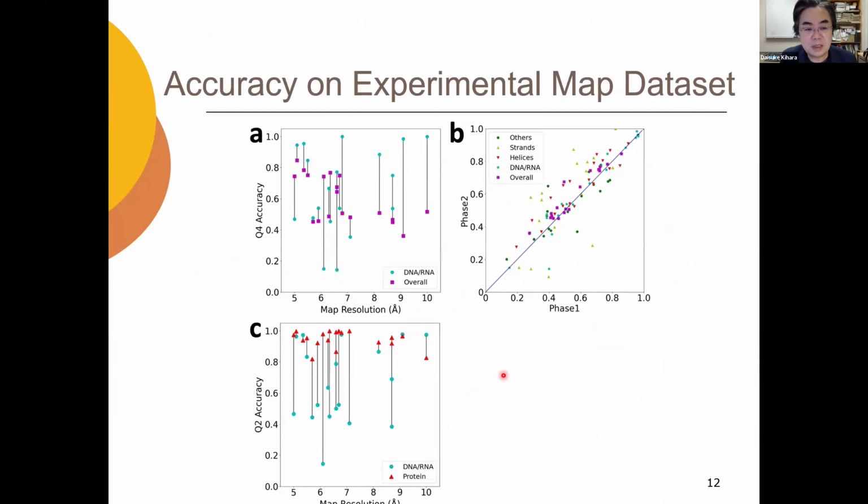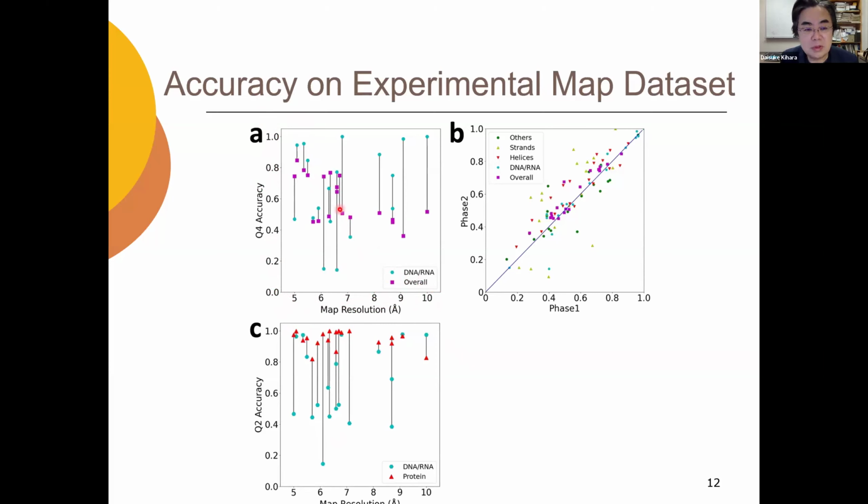Here, this is the accuracy from the experimental maps. So I explained A and C. A is showing the accuracy on the y-axis for the maps of resolution from 5 to 10 angstrom. The red dots are showing the overall accuracy of the four-class classification: alpha helix, beta strand, coil, or DNA RNA.